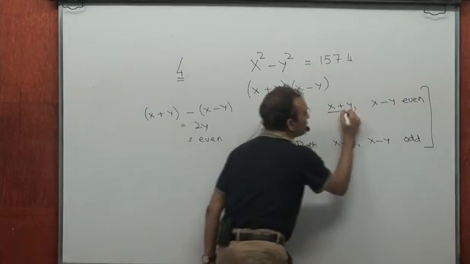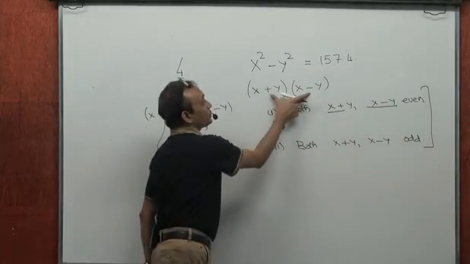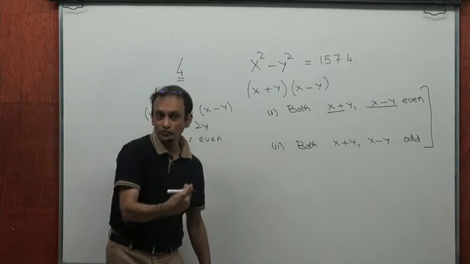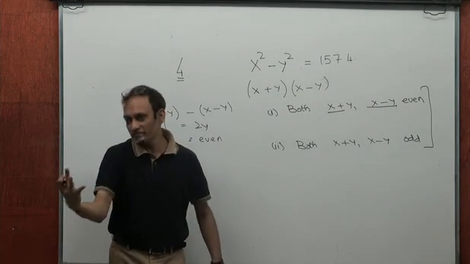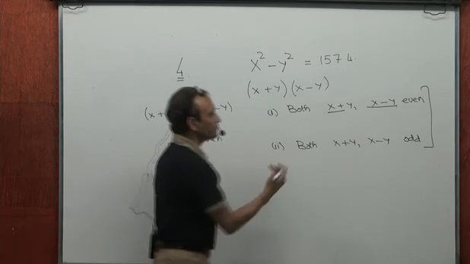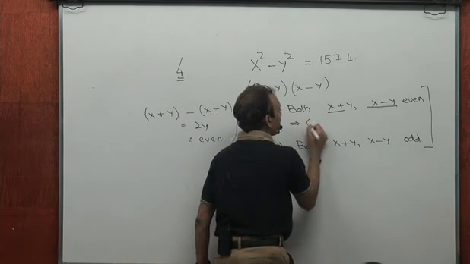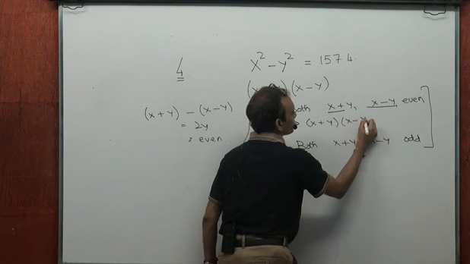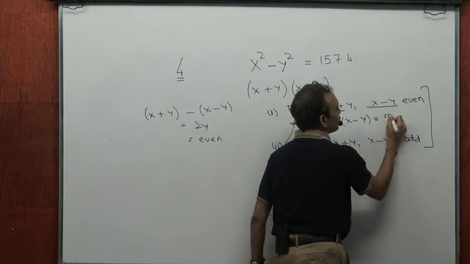Now, when both are even, then their product must be a multiple of 4. The product of two even numbers must be divisible by 4, yes or no? Which means x plus y into x minus y must be a multiple of 4.